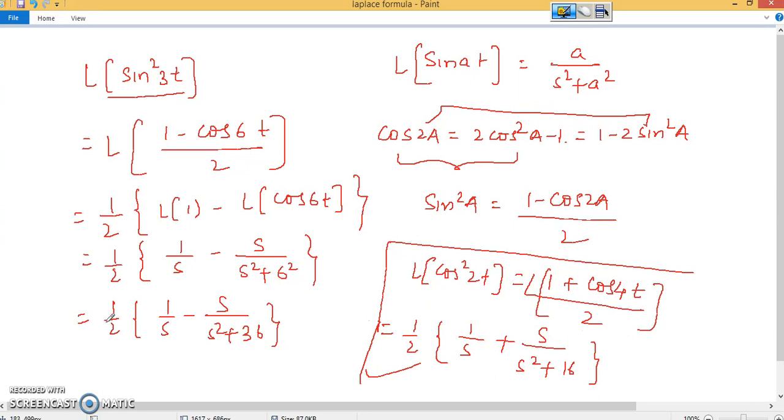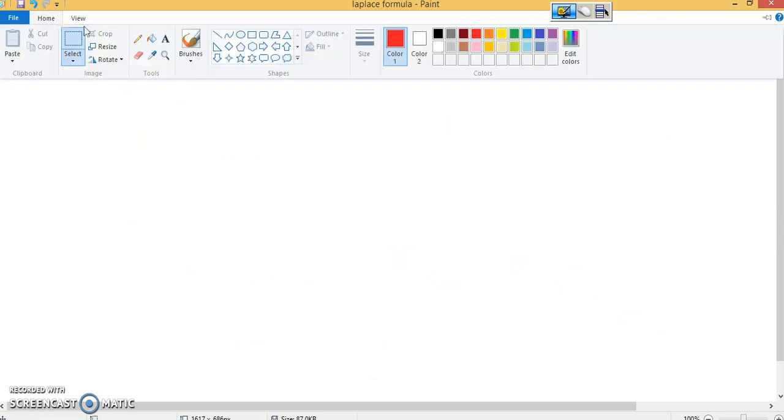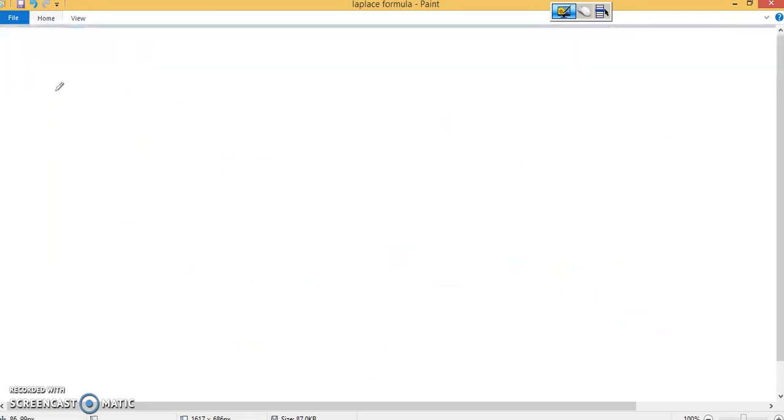Similarly, we will do the example for sin cube. Consider Laplace of sin cube of 2t, and you find it.